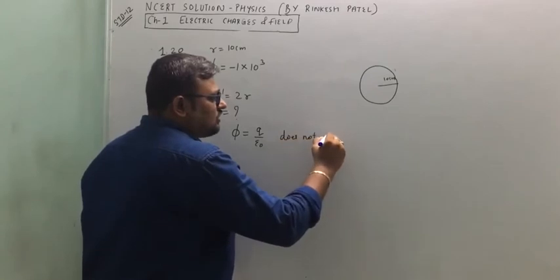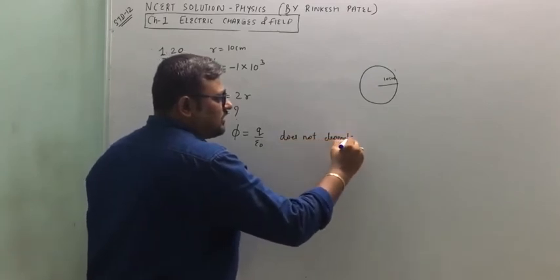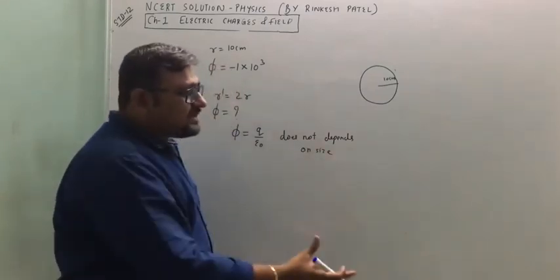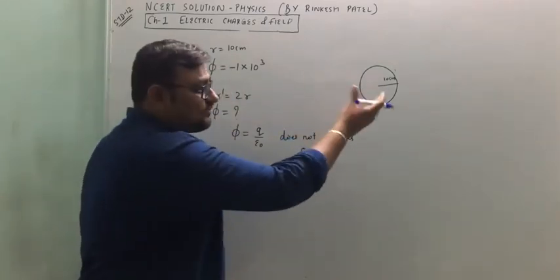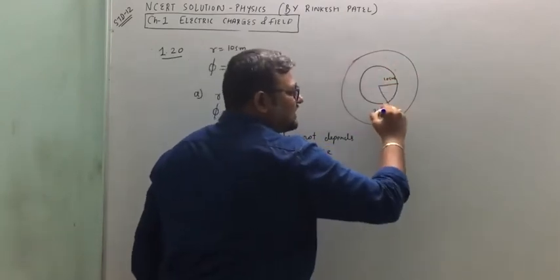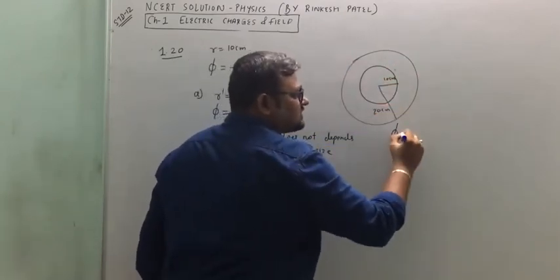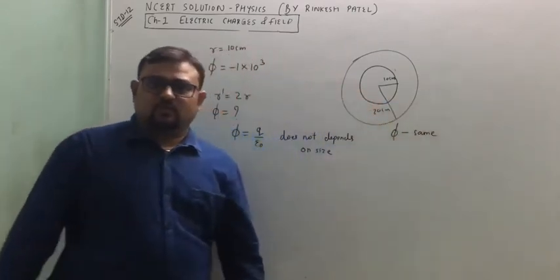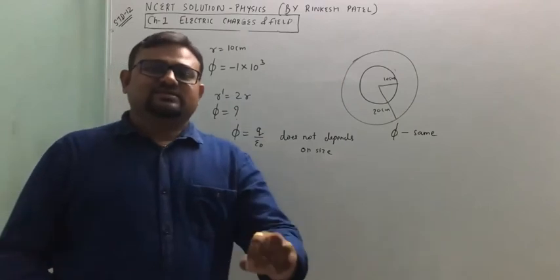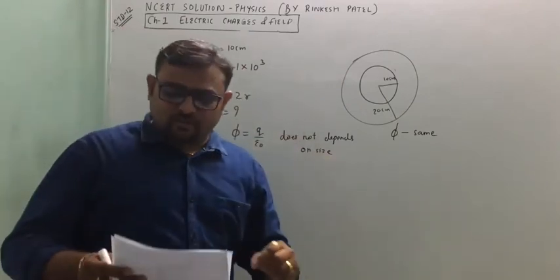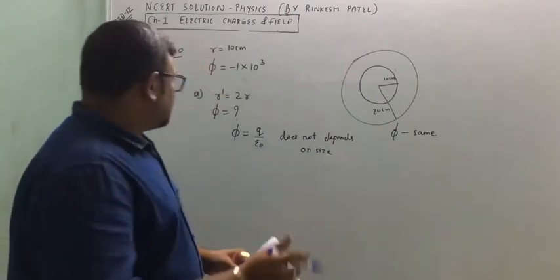It does not depend on size. So whether I take a Gaussian surface of 10 centimeter or 20 centimeter, the flux remains the same, that is minus 1 into 10 raised to 3 Newton meter square per coulomb. This was A. Now B.